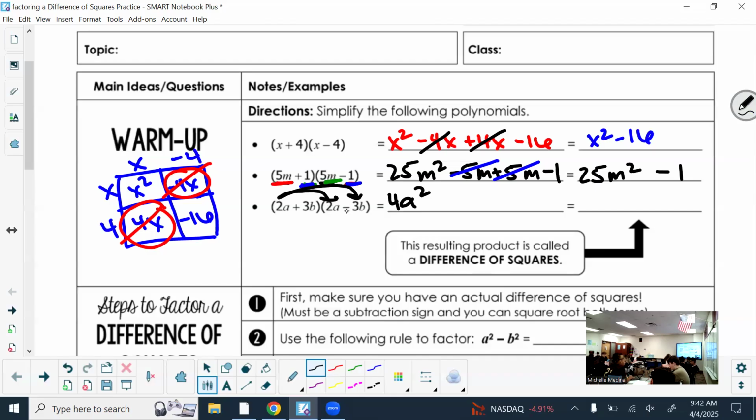So table 8, what's 2A times negative 3B? Positive or negative? So doing this one to that one should be a negative, so the positive times a negative.